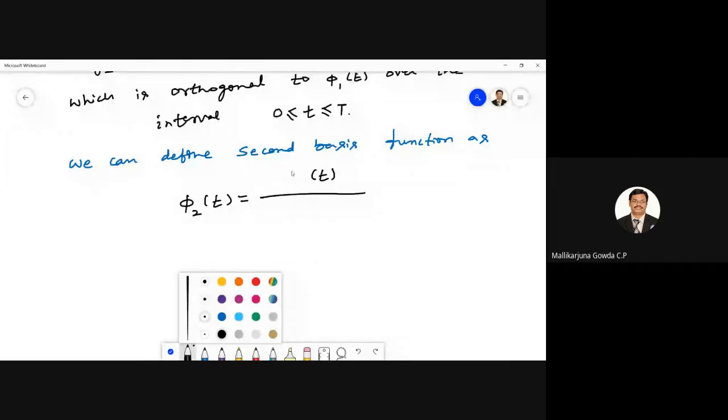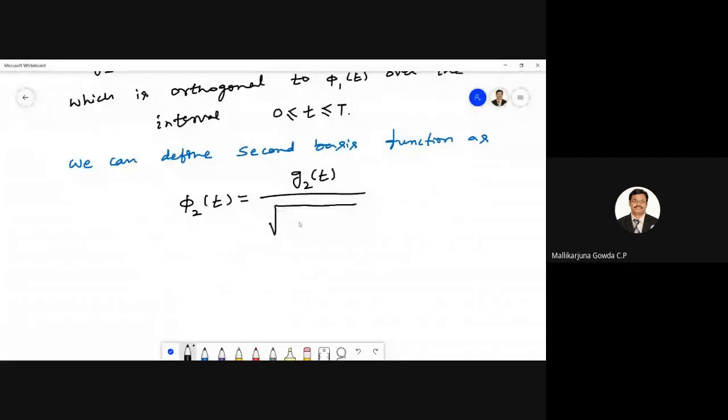For pi 1 of t the denominator was square root of E1. Similarly here, it is the square root of the energy of G2 of t, that is, the square root of the integral from 0 to t of G2 square of t dt.